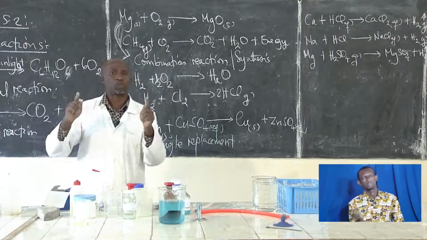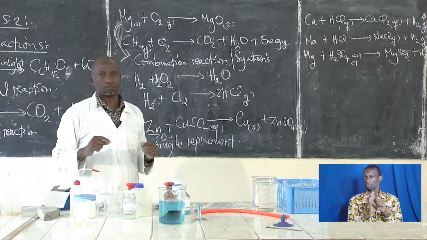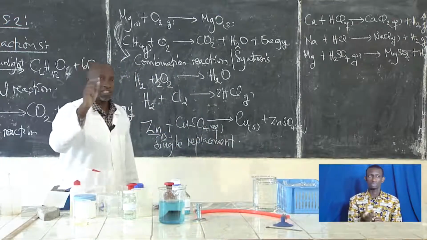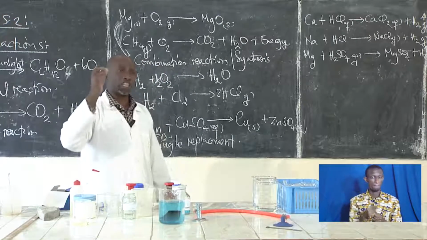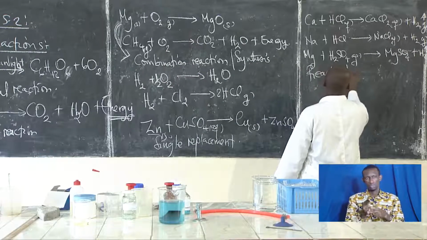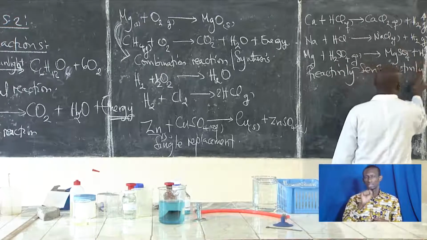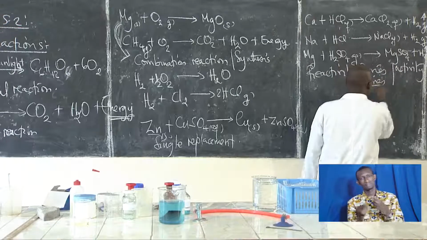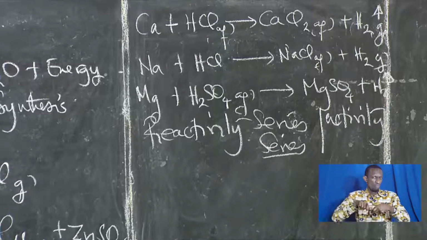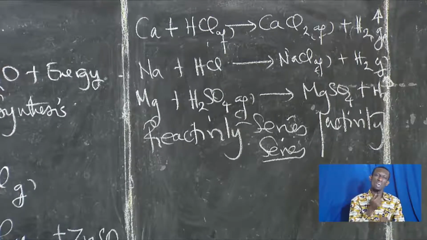But for this reaction to occur, there is something very important that you need to note. These single replacement reactions that we have seen depend on what we call the reactivity series, or sometimes the activity series. The activity series is the arrangement of metals in order of their reactivity, either with water, with oxygen, or with acids.